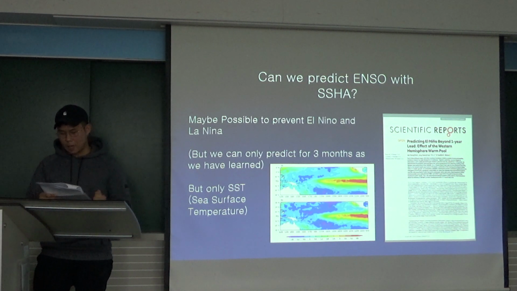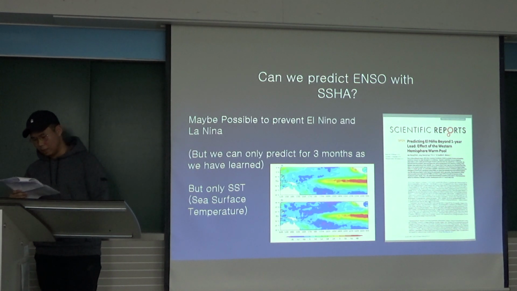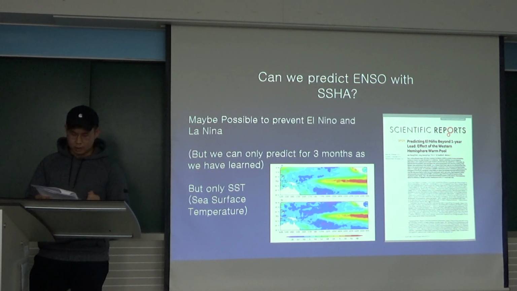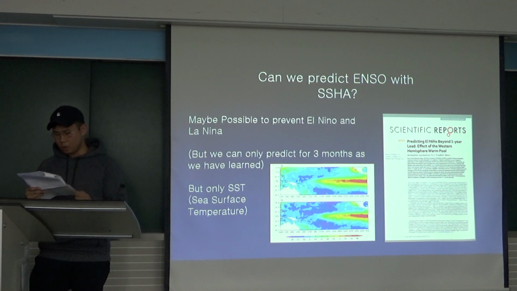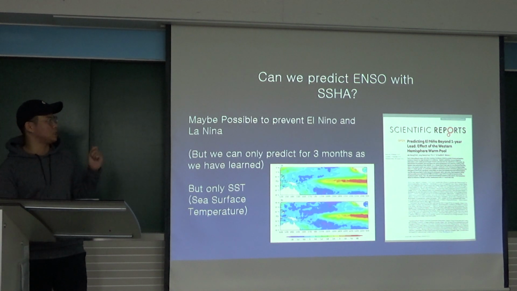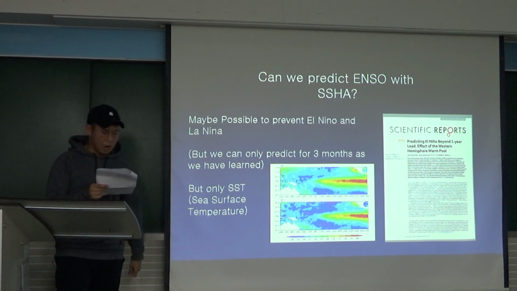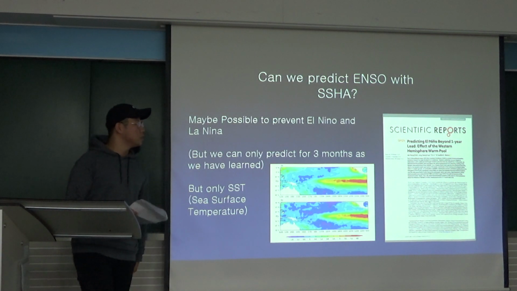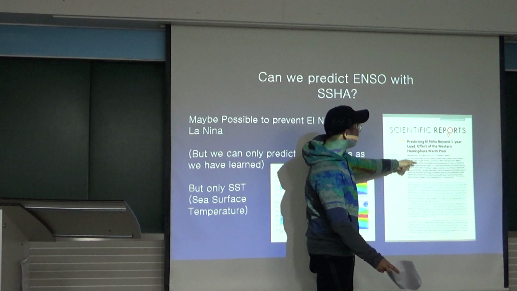We read lots of papers, 100 pages, and there were only papers related to sea surface temperature. We know that sea surface height anomaly is related to sea surface temperature, but we were curious why scientists use only sea surface temperature. So one of our team members sent an email to the person who wrote the report.